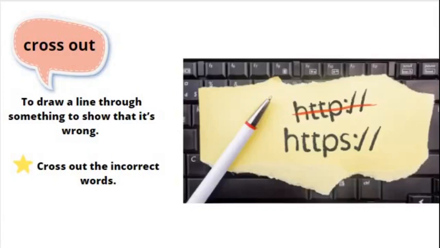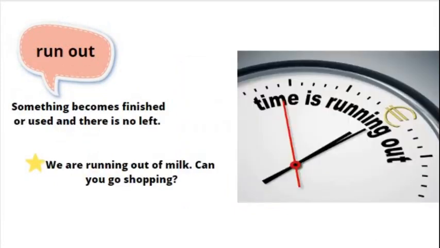Cross out. Cross out means to draw a line through something to show that it's wrong. Example: Cross out the incorrect words. Run out. Run out means that something becomes finished or used and there is none left. Example: We are running out of milk. Can you go shopping?